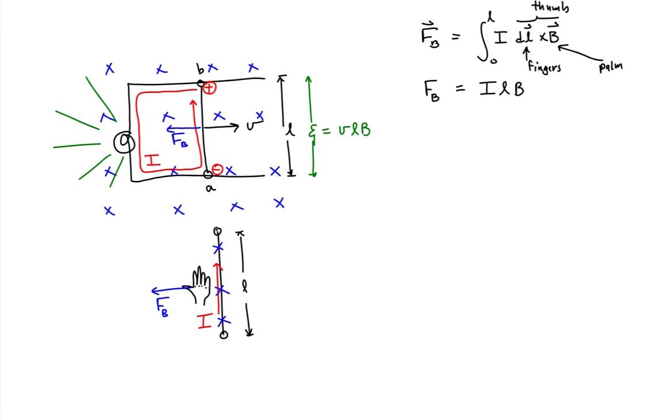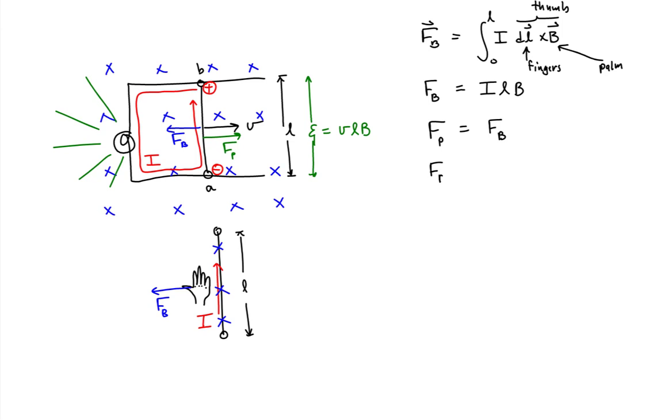Let's figure out what that external force needs to be. I'll label that external force in this picture. This external force we will call the pulling force, F sub P. And this pulling force has to be equal in magnitude to the magnetic force acting on the wire in order to keep it moving at constant speed.